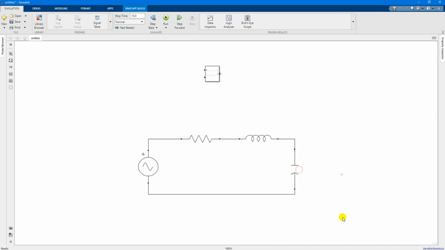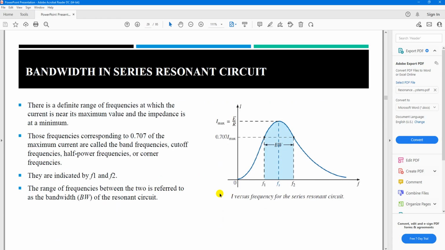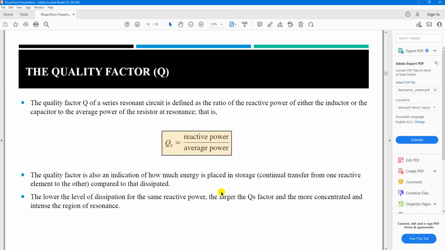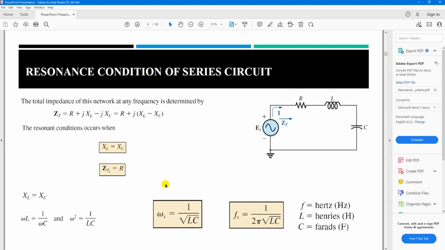If you don't know where we got the capacitance and inductance, let's get back here in our course. When XL equals XC, you can see that in resonance in a series circuit, omega L is equal to 1 over omega C, which gives us the frequency, the 5000 hertz in our circuit, which gives the resonance.